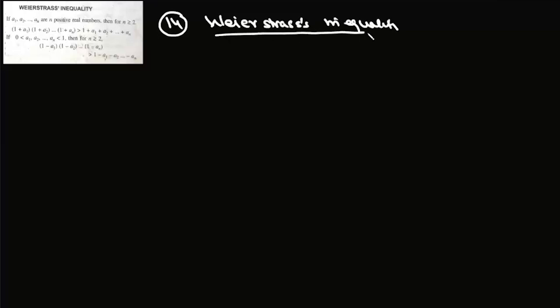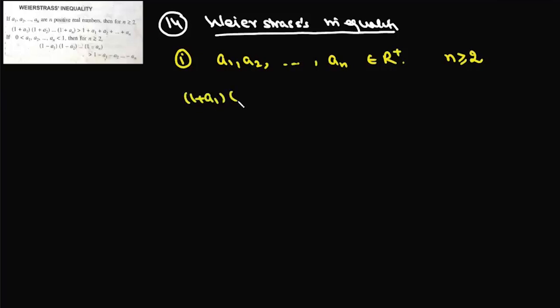Now there are two forms in this inequality that we use, and this first form is if a1, a2 up to an are positive real numbers, then for n greater than 2, we can write (1 plus a1) into (1 plus a2) up to (1 plus an) will be greater than 1 plus a1 plus a2 up to an, which is a very simple result.